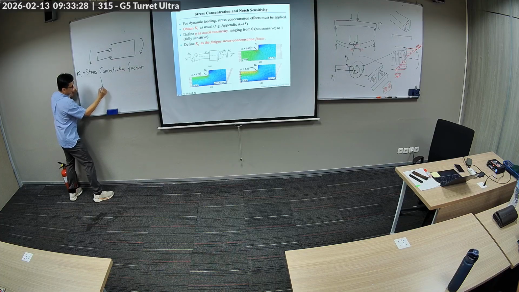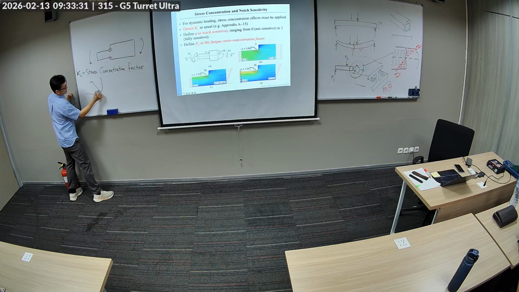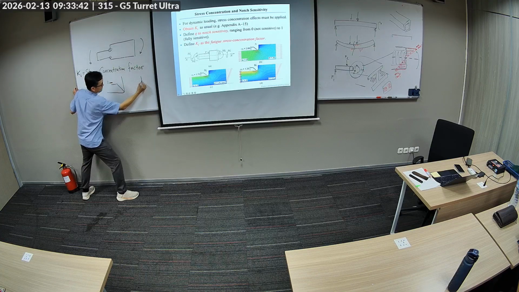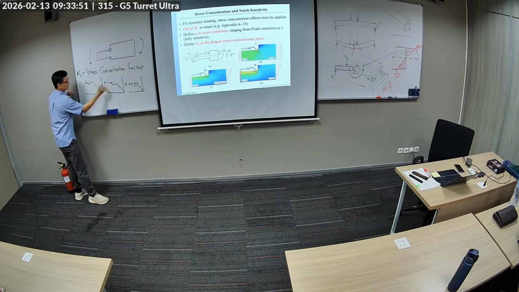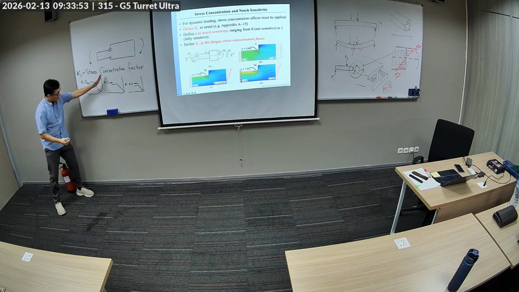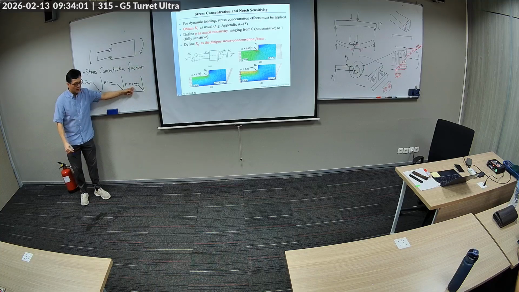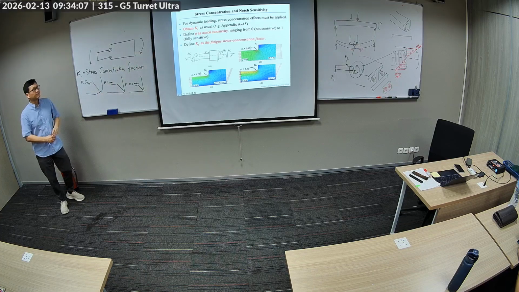And so, if you have a generous radius like that, say 5 millimeters, this is 1 millimeter, and this is like 0.2 millimeters, right? So the more generous the radius, the better it is, meaning lower stress concentration factor. This close to sharp is the worst, and you will see it in the calculation.